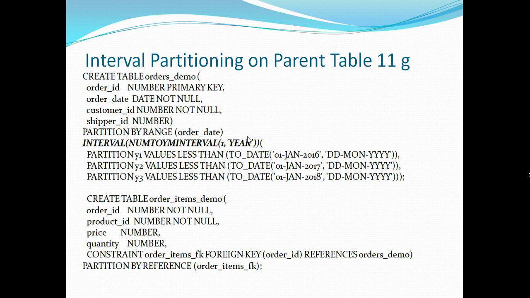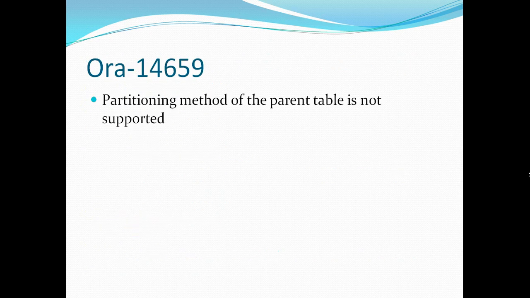The only additional line that I have added here is I'm using interval partitioning, and as soon as I go ahead and insert a row for 2018, it's going to automatically create a new partition for me. But if I try to go ahead and create reference partitioning on my child table where I have used interval partitioning on my parent table, it's going to give me an error saying that partitioning method of the parent table is not supported.